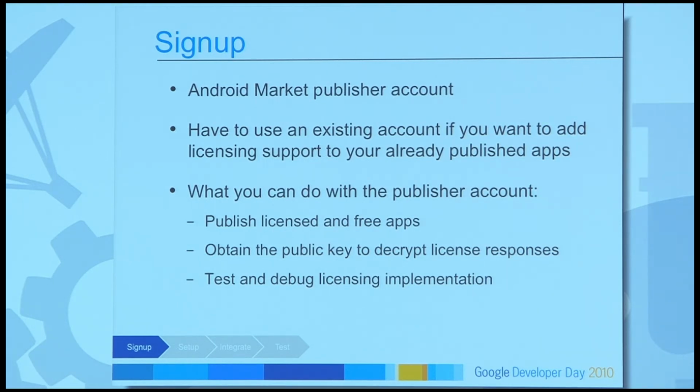With the publisher account, besides publishing paid and free applications, you can now obtain the public key that is used to decrypt the license responses coming from the Google license server. We also know testing is very important, so we provide a tool in the publisher account for you to test and debug your licensing implementation.